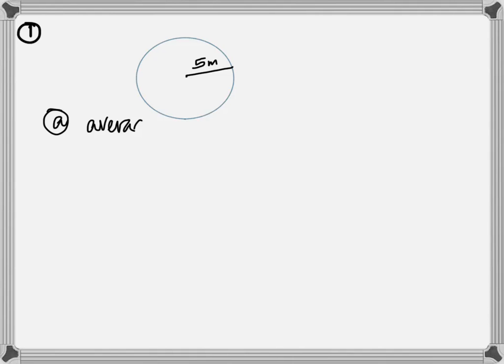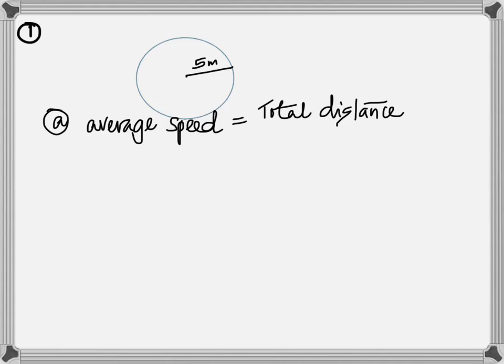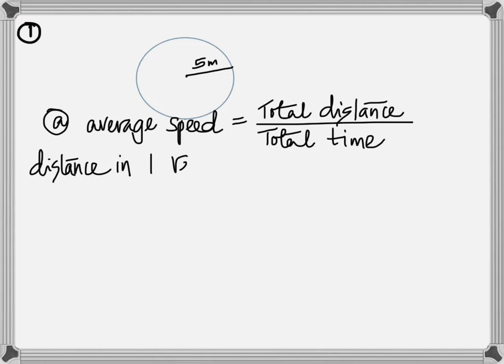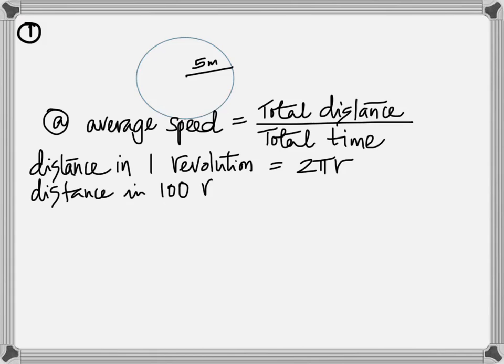So it's 5 meters, and average speed is total distance by total time. In this case, you know that the distance made in one rotation is 2 pi times the radius, which is the circumference. Therefore the distance in 100 revolutions would be 100 times the circumference.